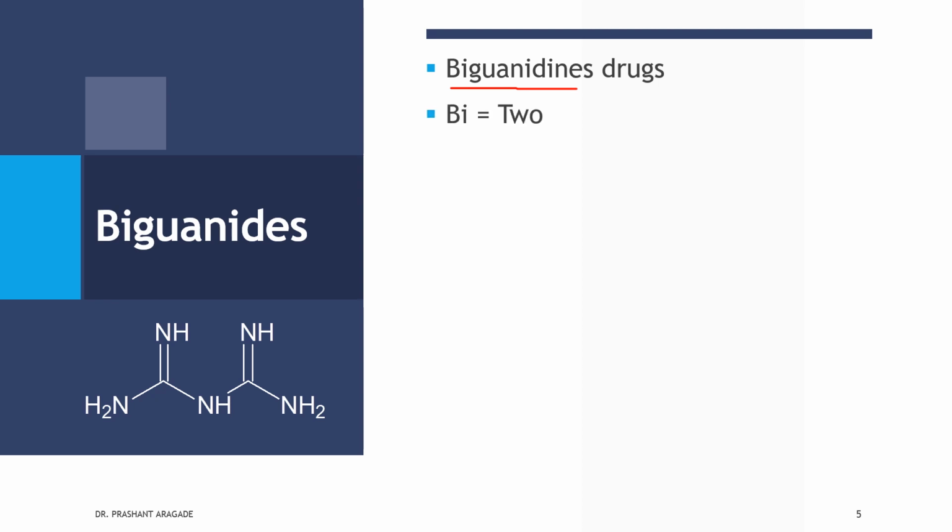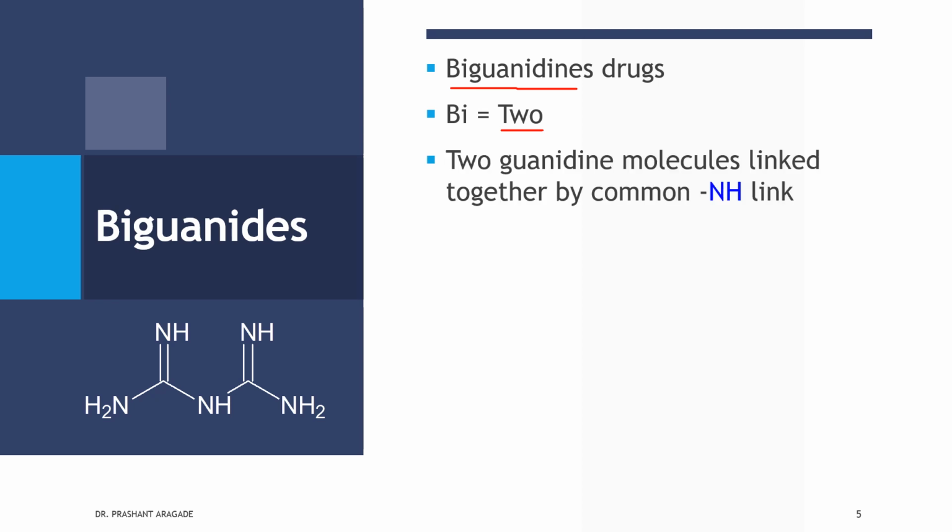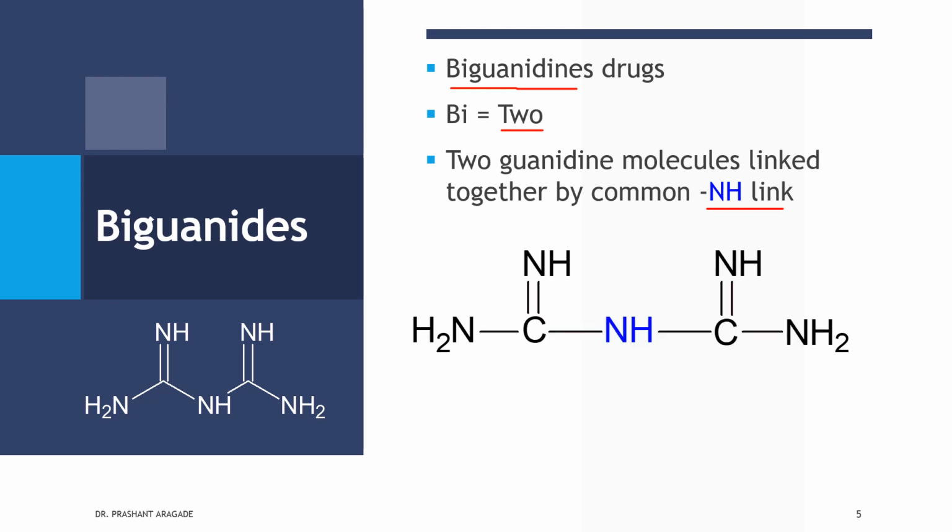Bi means two, meaning the two guanidine molecules are linked together by a common NH link. You have to join the two guanidine molecules together by using a common NH link like this. So this is the first guanidine molecule and this is the second guanidine molecule, and this NH is the common link between these two guanidine molecules.